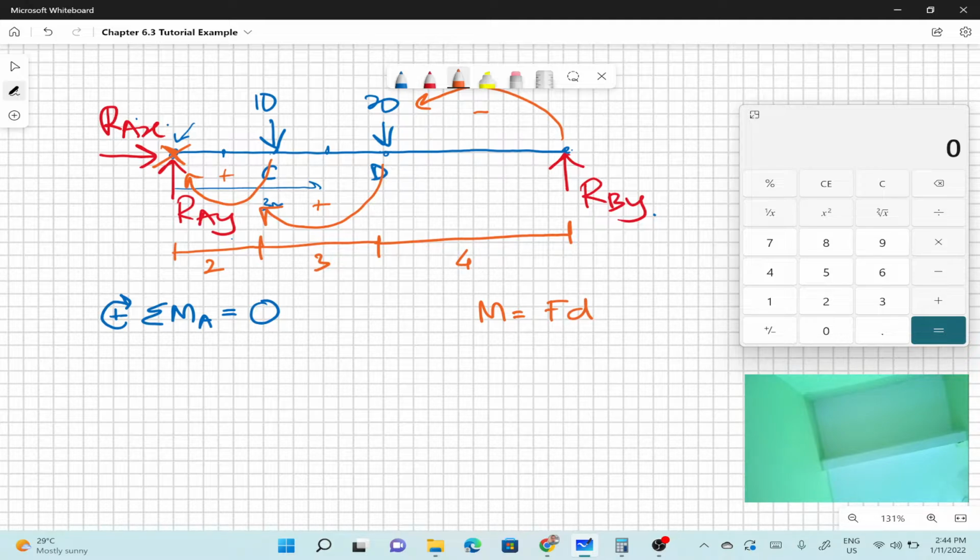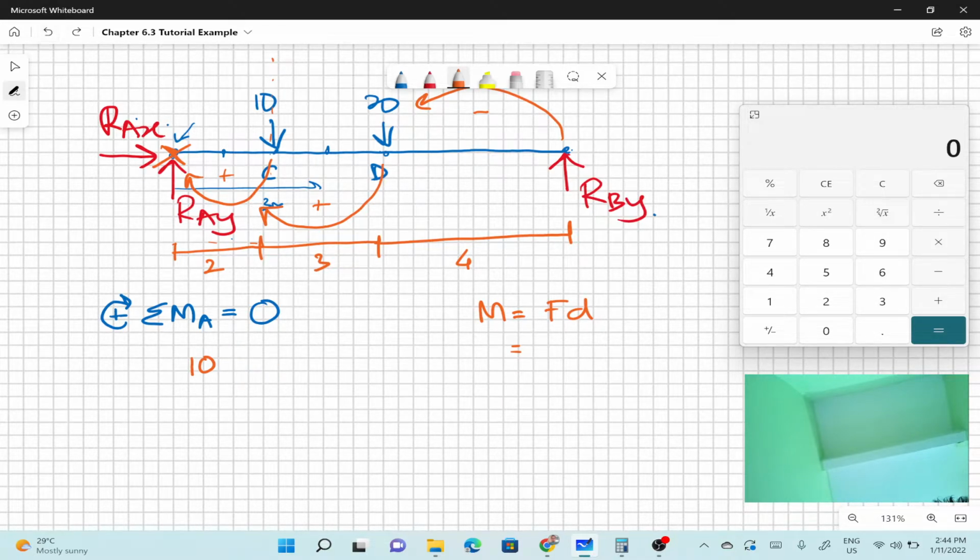Moment comes from the formula FD. If you remember, M is equal to F times D, so we have the force here, and then this is the distance. We're going to start with our first load, 10 times the distance 2 meters. I'm going to put down the unit as well.